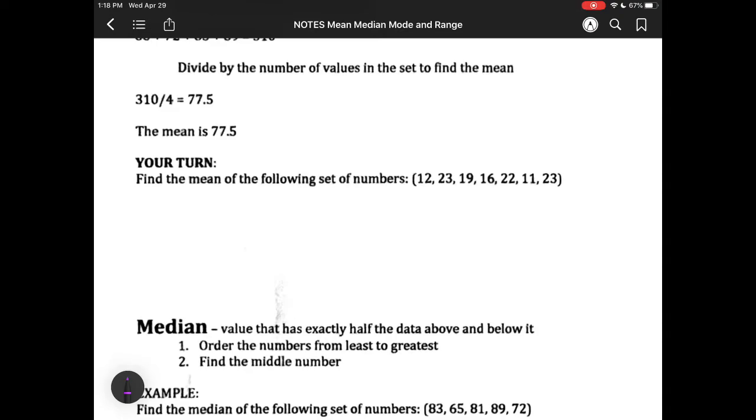So it says find the mean of the following set of numbers. The first thing we need to do is I want us to get in the habit of putting these in order from least to greatest. So we look for the smallest number, and the smallest number is 11. So 11 plus 12 plus 16 plus 19 plus 22 plus 23 plus 23.